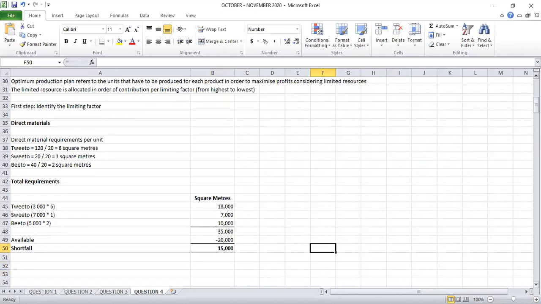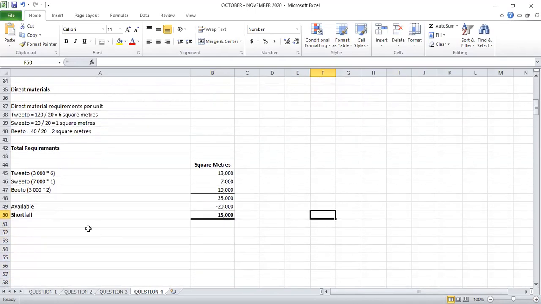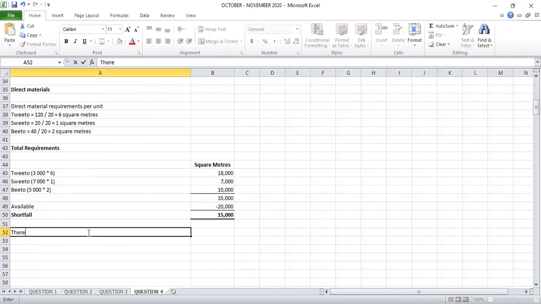So that means at the end of the day, we can conclude that direct materials are a limited resource.